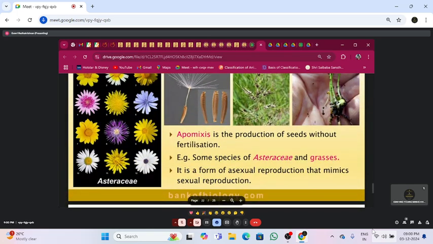Apomixis is the production of seeds without fertilization. In some species, Asteraceae and grasses, it forms asexual reproduction that mimics sexual reproduction.